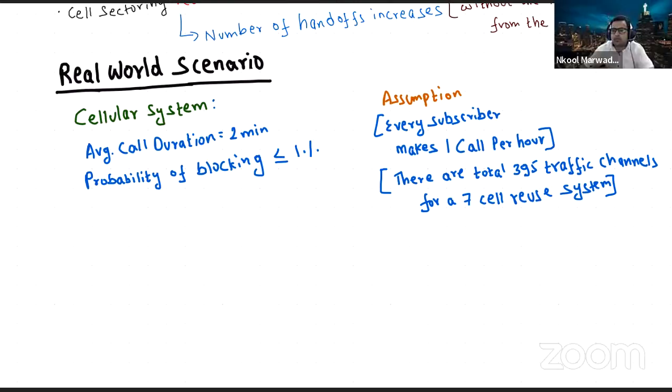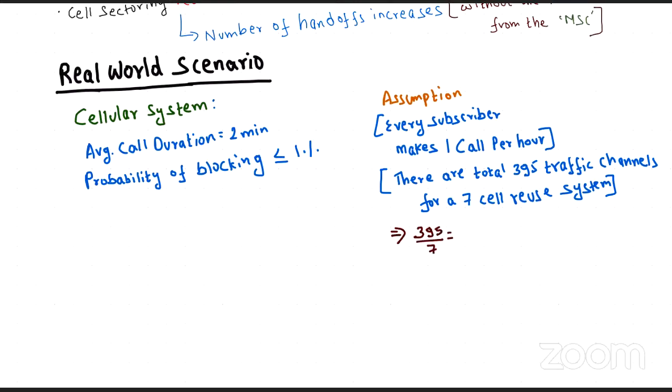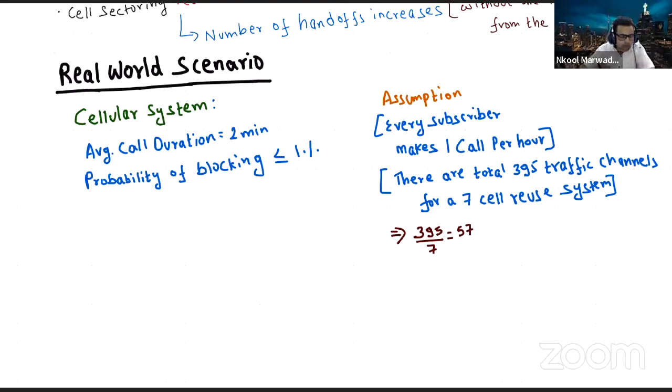Then what will be the number of traffic channels for every cell? 395 by 7, that will be 56.5, around 57 traffic channels per cell.